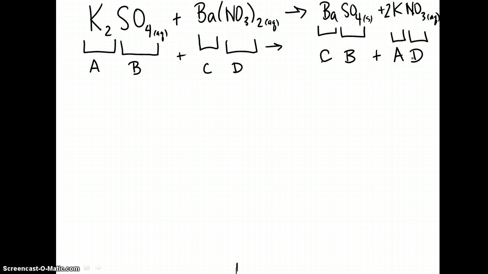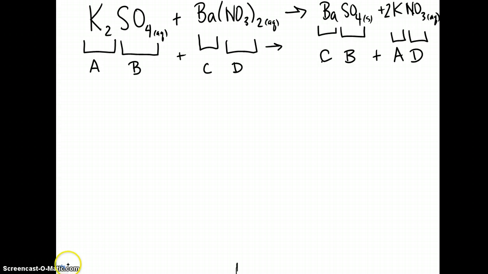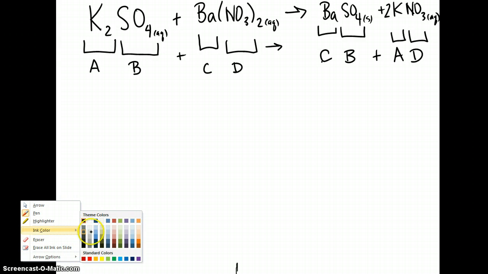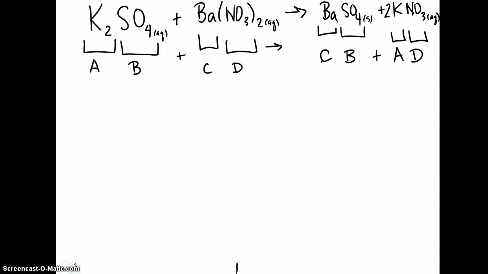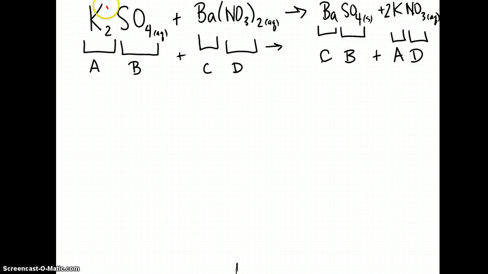So the next part, what we're going to do is start color coding these to see what they actually look like in a beaker. And I'm going to use the color red to symbolize my potassium. Well, give me a second here. Should work. There we go. So we have red being my potassiums. Okay.